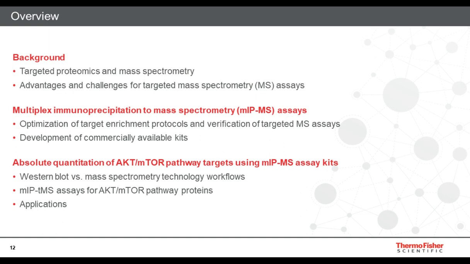Then I'll also talk about the applications of evaluating these two methods and ask questions like, can we get absolute quantitation of AKT mTOR pathway targets, and how does the quantitation differ between the two methods?